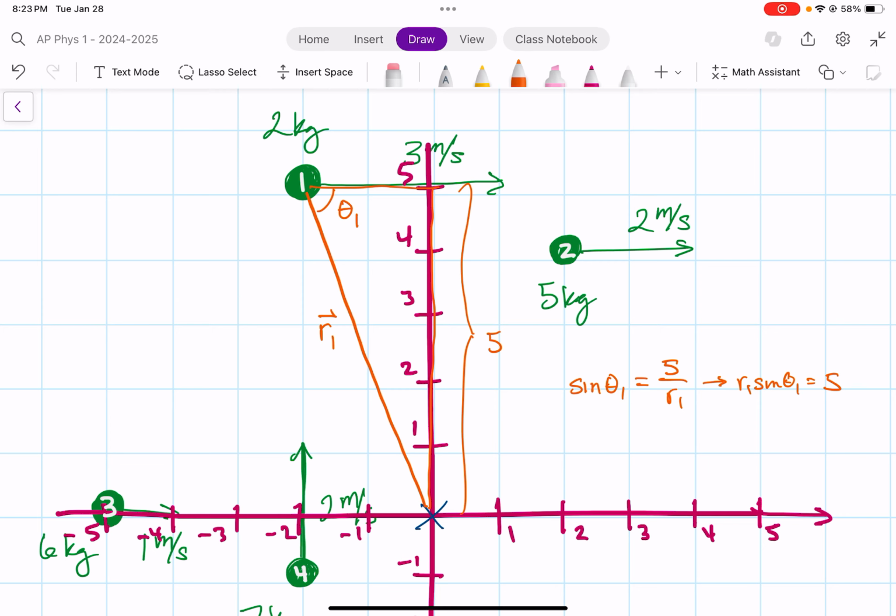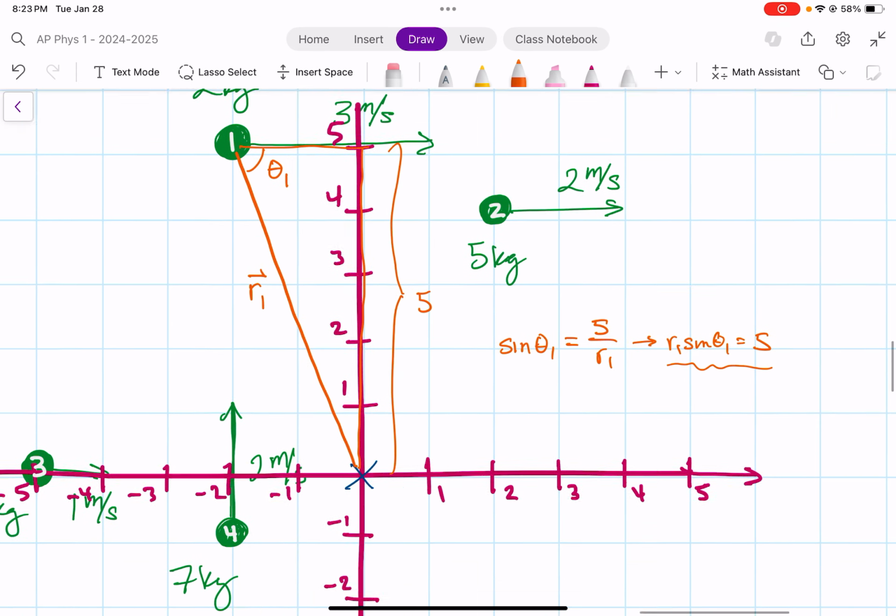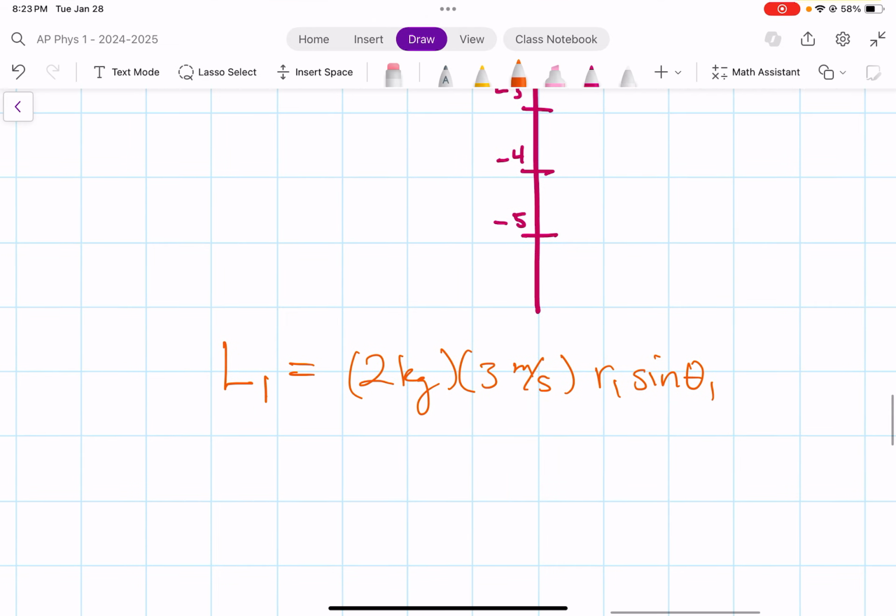Some of y'all might have seen that a little quicker, but I just wanted to show that this is true. So when I go down here, this is 5 meters, right? That would be the units. And so we get 2 times 3 times 5, which is 30 kilograms times meters squared over seconds, right?